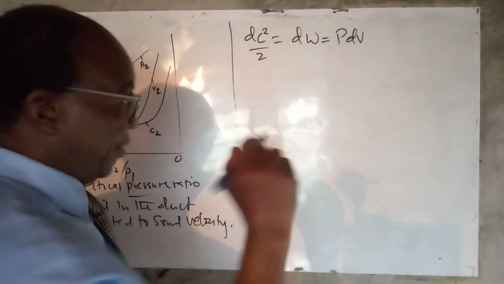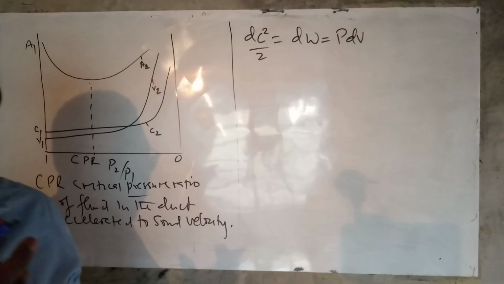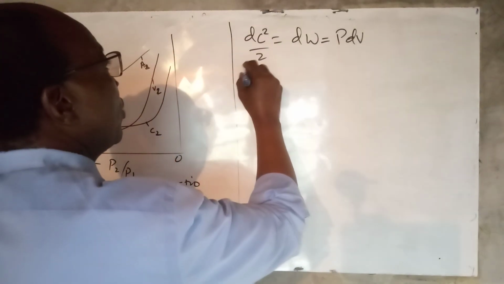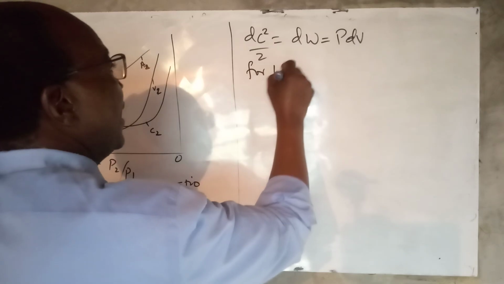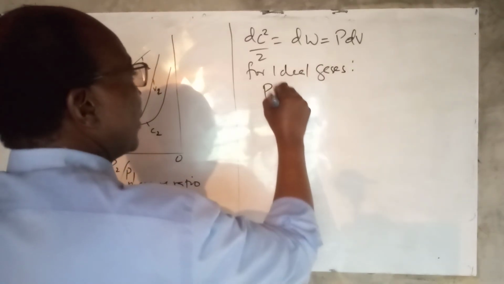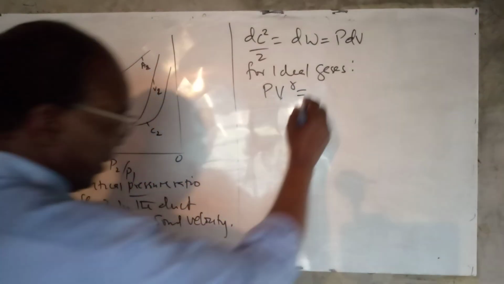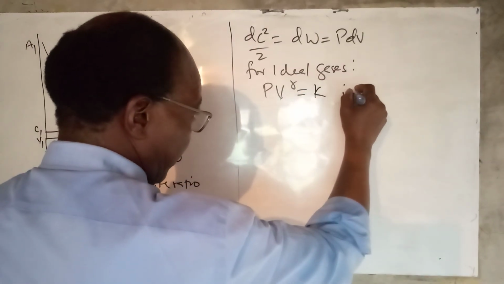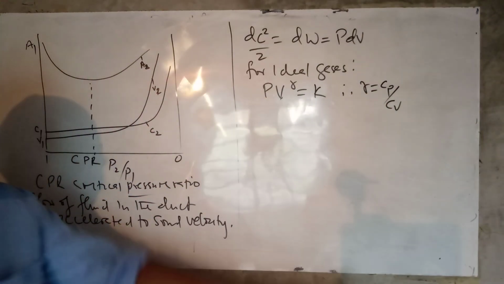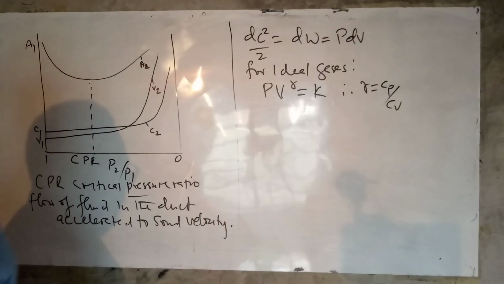If we are dealing with an ideal system, like a perfect gas, then we will have the polytropic equation for the isentropic process, PV^gamma is a constant. And remember, gamma was the ratio of the two heat capacities, the isobaric and the isochoric heat capacities. These are under isentropic conditions.